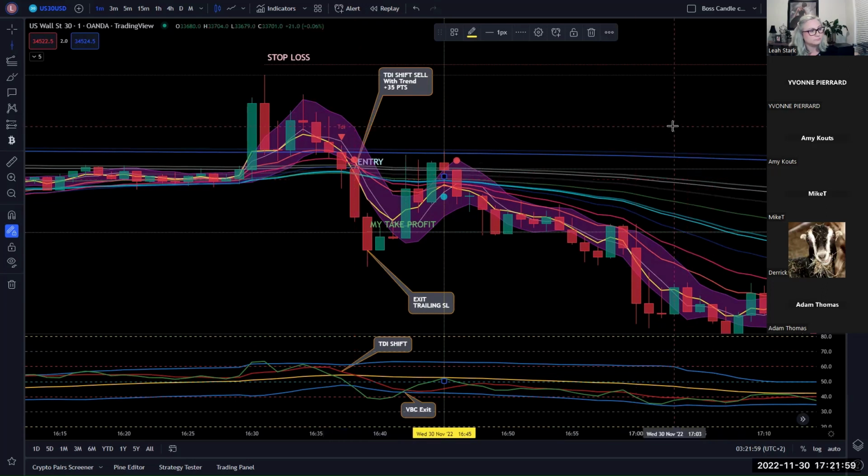Another thing, this is a with-trend trade in terms of AGB, but we didn't close over the aqua, and the wick on that TDI candle is also 50% of the candle, which shows a lot of buying pressure at the close of that candle. So Mike's still confident in taking this trade, but those are things you would want to recognize, that there is still the possibility of it going against you, and to have a plan besides hitting your full stop loss.